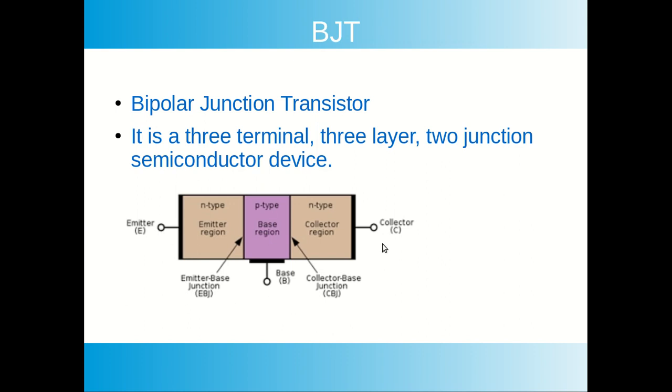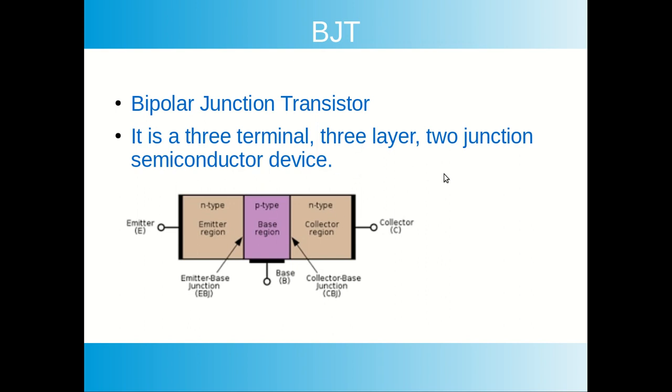Emitter, base and collector, short form E, B and C. Then the 3 layers are N, P and N type layers. N type emitter region, P type base region, N type collector region. They are the 3 layers.